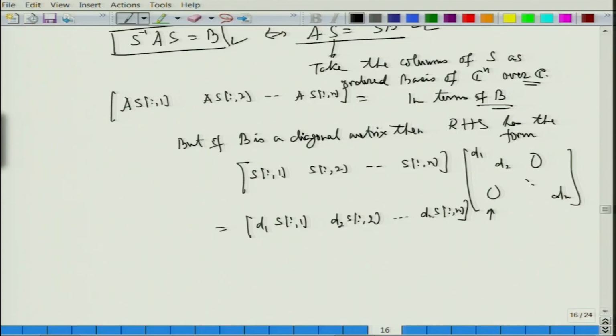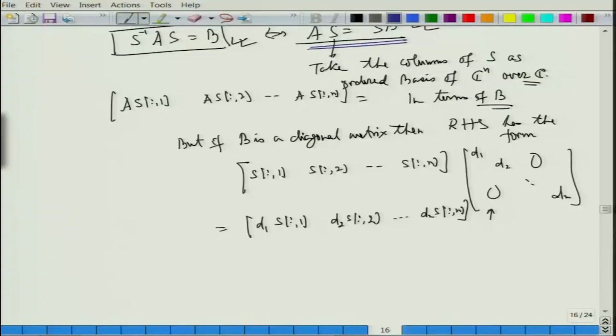In general, if I am looking at just any B, I do not get anything, all right. It is just an expression AS is equal to SB, and that appeared at the time of looking at matrix of the linear transform, composition of matrices, and we said that we need to understand that to talk of similarity operation, all right.